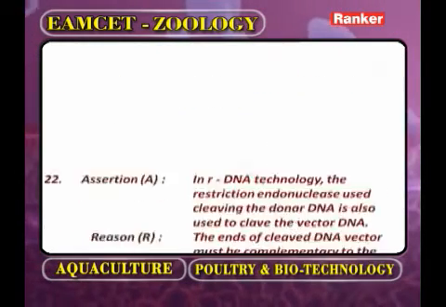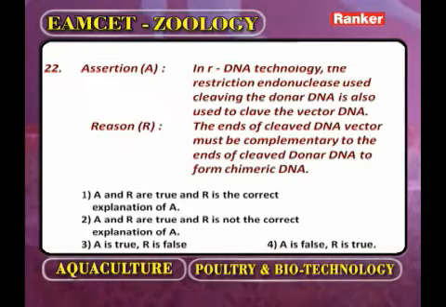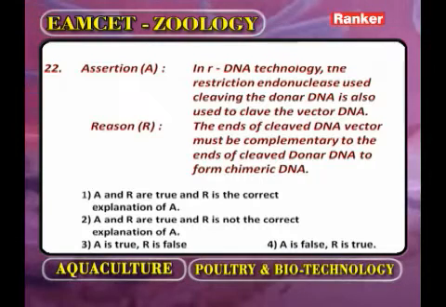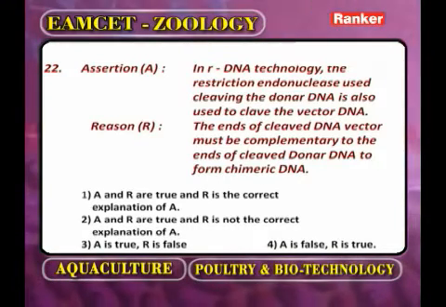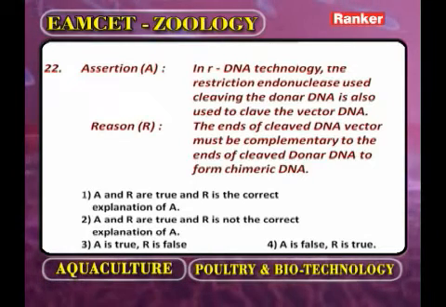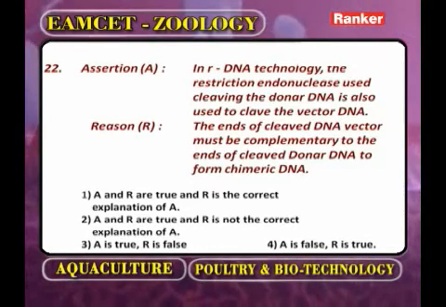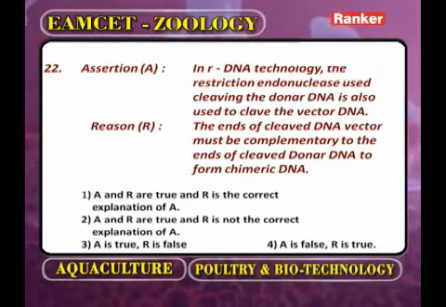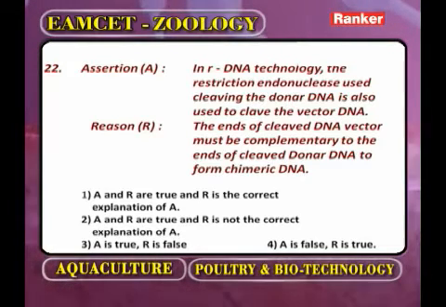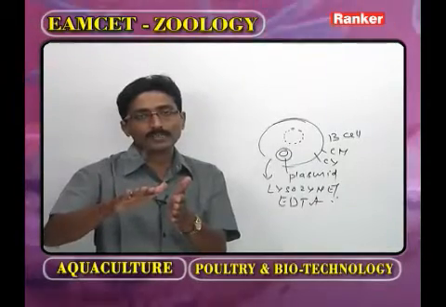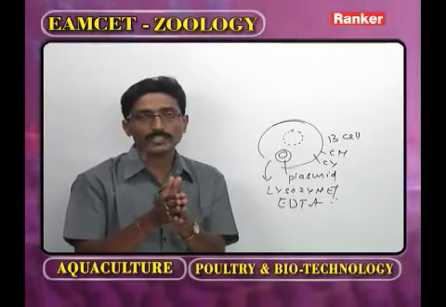The next one. In recombinant DNA technology, the restriction endonuclease used for cleaving, that means to cut, the donor DNA is also used to cleave the vector DNA. In recombinant DNA technology, we take the donor DNA, and it is cut using the restriction endonuclease enzyme.